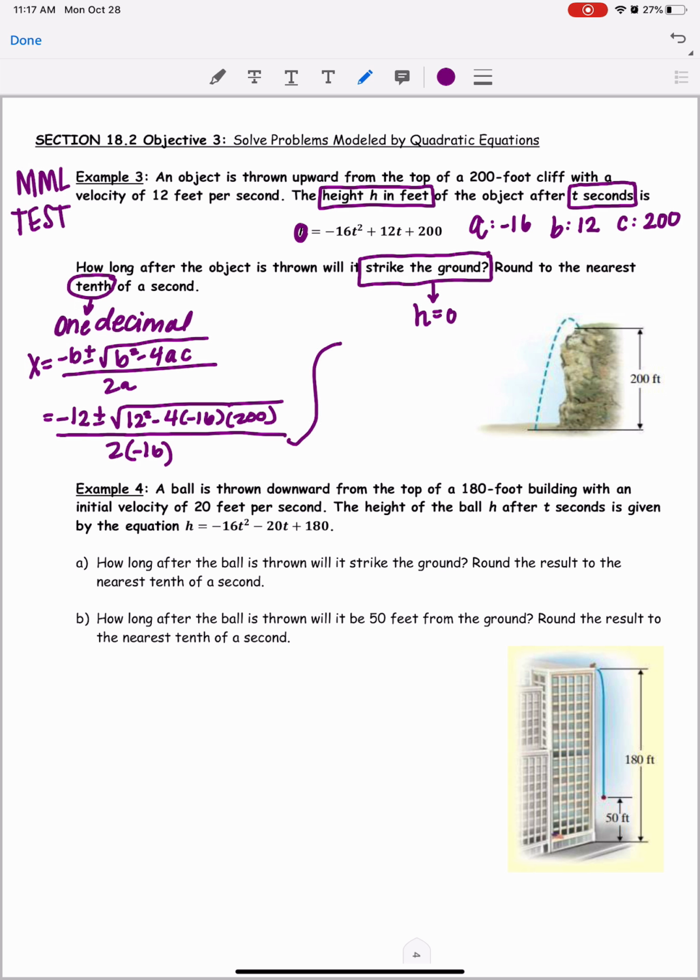Okay, now I'm going to go up here. So simplify this. I've got negative 12 plus or minus the square root of something. It's going to be a big number. We got big numbers here. All over 2 times negative 16 is negative 32.